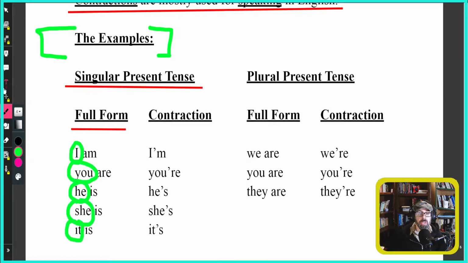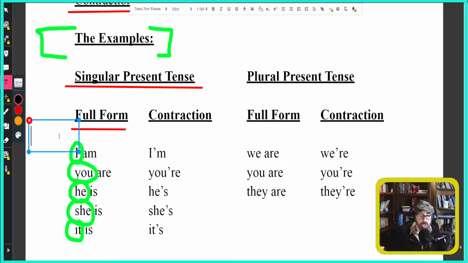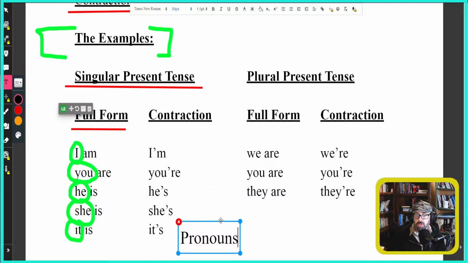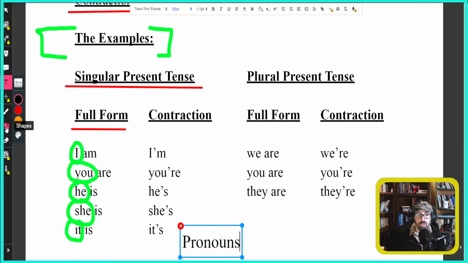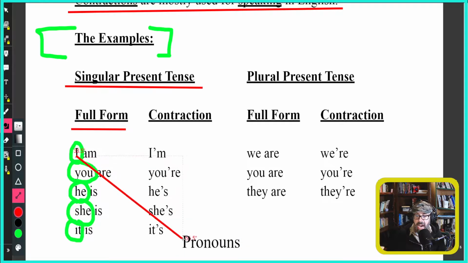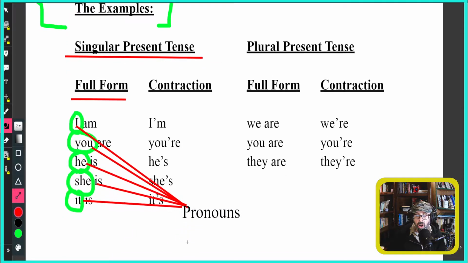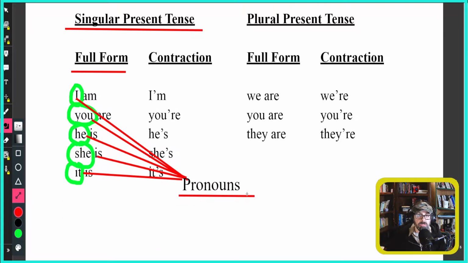Okay. So these words in English for grammar are called pronouns. Okay. So they're called pronouns. Okay, so that's I, you, he, she, and it are all English pronouns. Okay. You may be asking yourself, what is a pronoun?